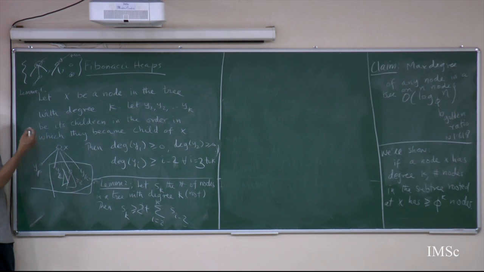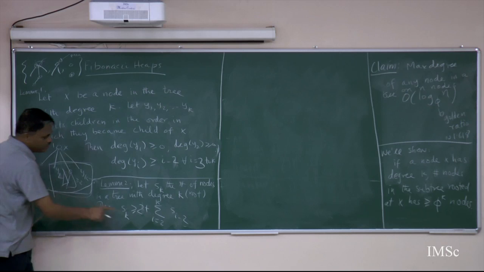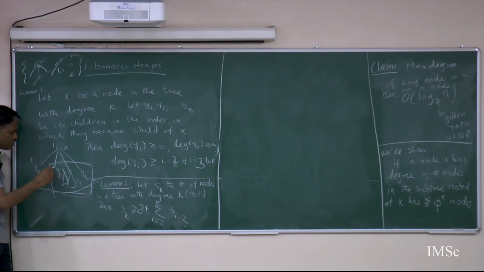Si's definition is that it is the minimum number of nodes in any subtree with degree i. So I'm counting 1 plus 1, 2, that is this 2. Then from here onwards, i from 2 to k, the number of nodes here would be whatever its degree is, at least i minus 2, so S(i minus 2).